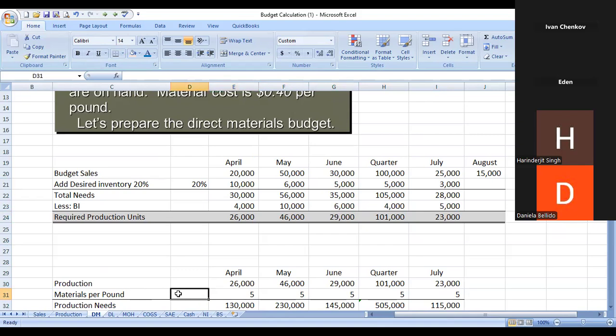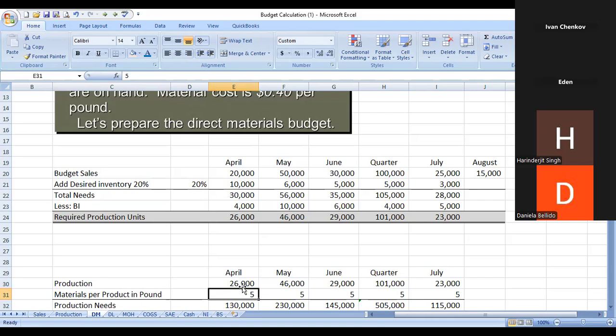And we already know that we need 5 pounds of material per product, in pounds. So we need 5 pounds of material to produce one product.